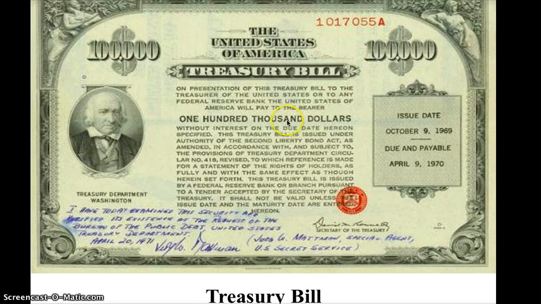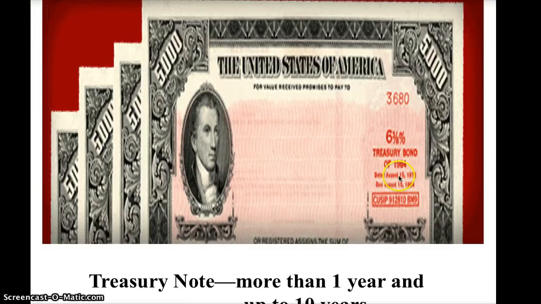Here's what one looks like. You can see this says $100,000 payable, issued in 1969 and payable in 1970. You can see that this is a Treasury note, Treasury bond of 1964, and it looks like you can get it back in 1972 if it's not too blurry.